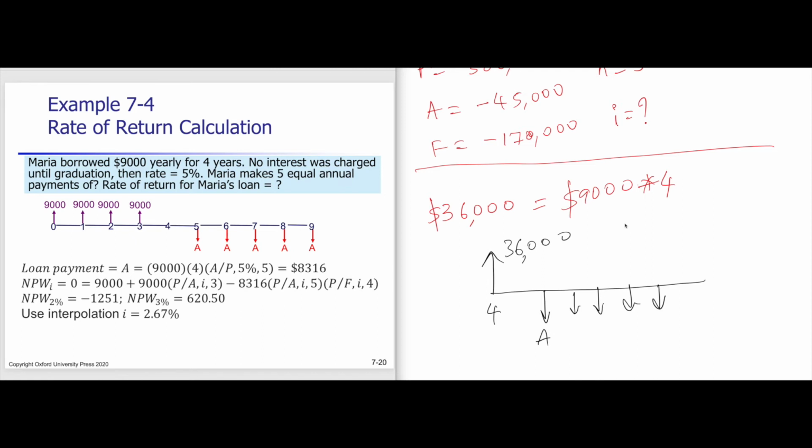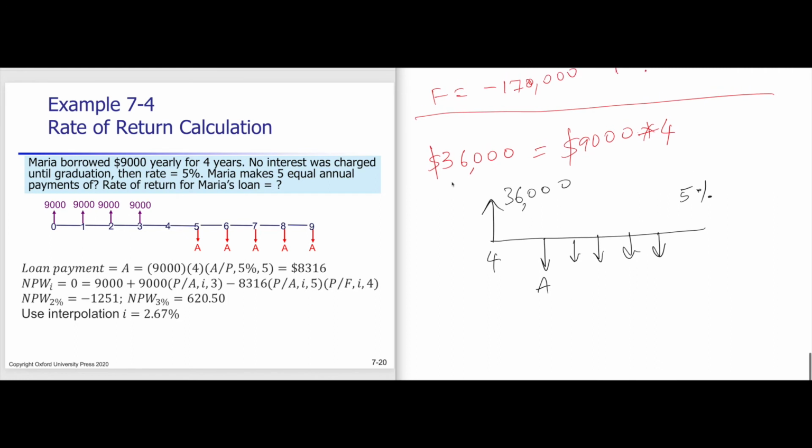First, with 5% interest rate, because the rate is given as 5%. Using this, we first have to calculate what is A. So this is 5, 6, 7, 8, 9, or we treat this as 0, 1, 2, 3, 4, 5th year. How do we calculate A?